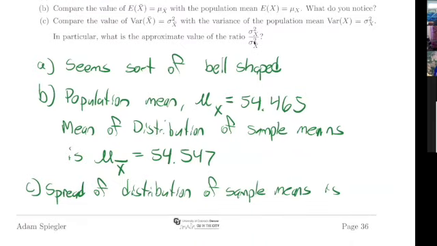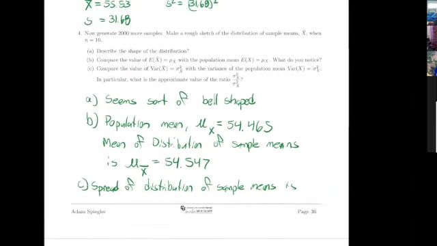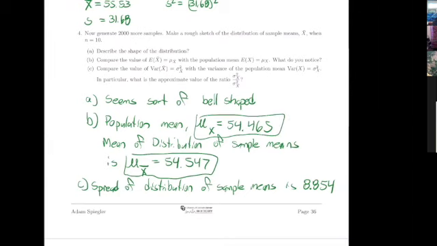So here's where I'm working on this worksheet. So my first observation was that the population mean was about 54.